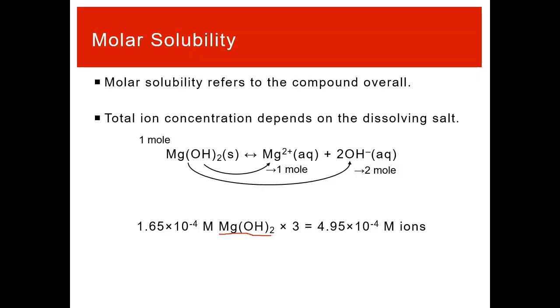So the total ion concentration will be higher. We can use that stoichiometry, the 3 right there, to come up with the fact that it's a higher concentration of total ions. So when we're talking about molar solubility, we're just looking at how many moles of magnesium hydroxide dissolve. Then there is the other impact that the concentration of ions is going to be a higher quantity.